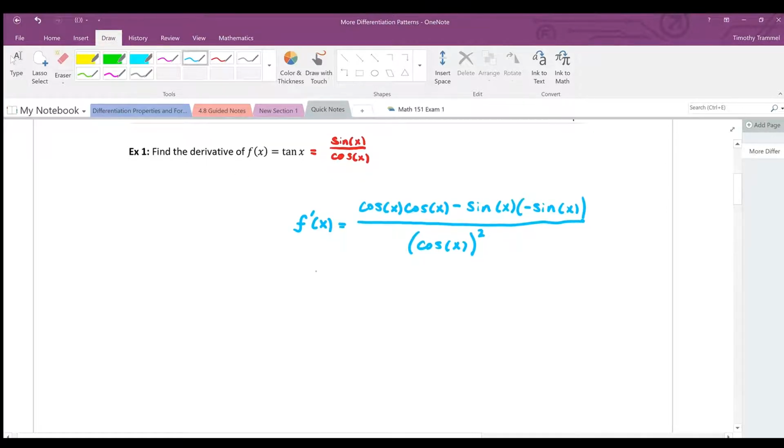All right, let's see if we can go a little further with this. So cosine of x times cosine of x is cosine squared of x. And actually we have a double negative here. Let's take care of that first. So this is now addition. And then we have sine of x times sine of x, which is sine squared of x.